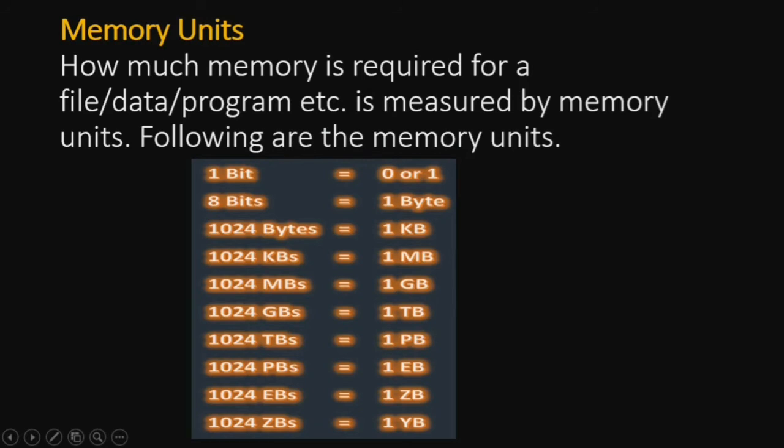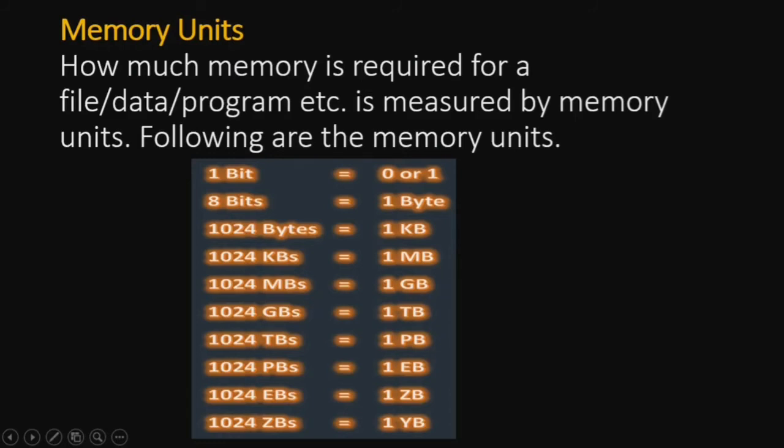Okay, and let's see what are all the memory units used in computer. How much memory is required for a file or data or program, that is measured by memory unit. So let us see which is the basic smallest memory unit. We know that bit is a binary digit, 0 or 1. So what will be a byte? 8 bits together make a byte. Okay.